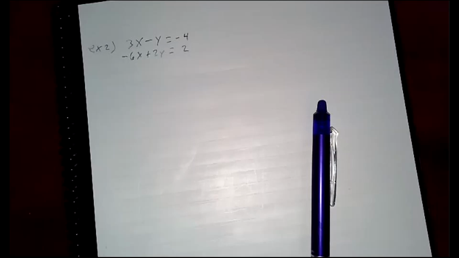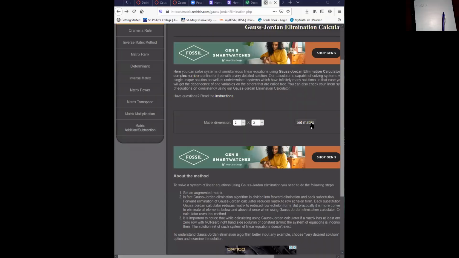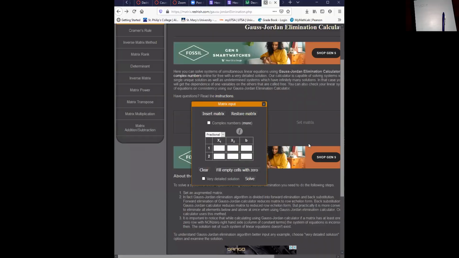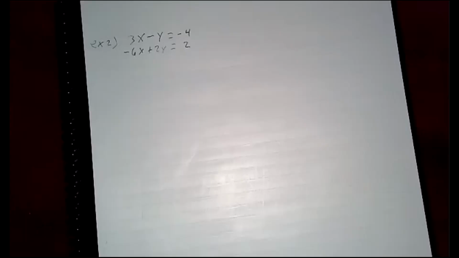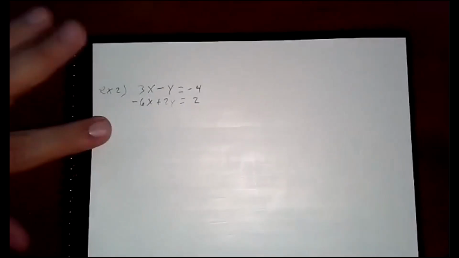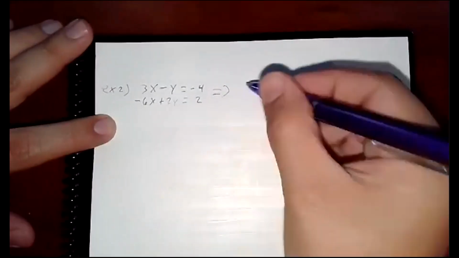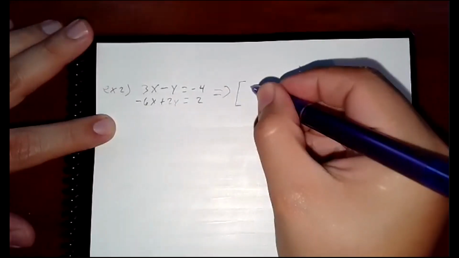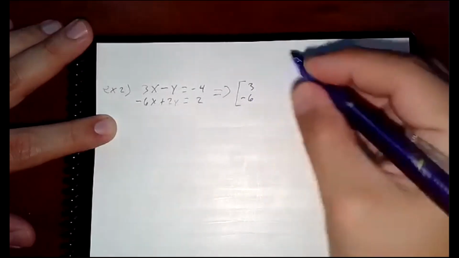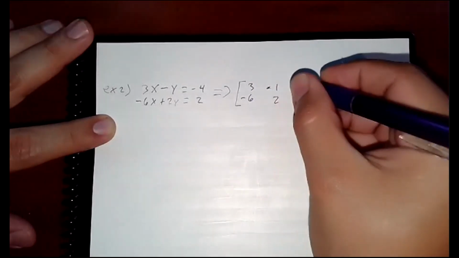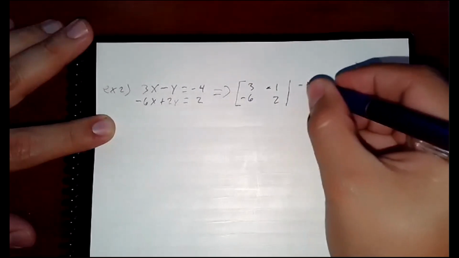Let's try the solver over here and see what it looks like. We still have a 2 by 3, right? Let me first change it into a matrix because I need it in matrix form. So the x column is 3 and -6, the y column is -1 and 2, and the constants are -4 and 2.